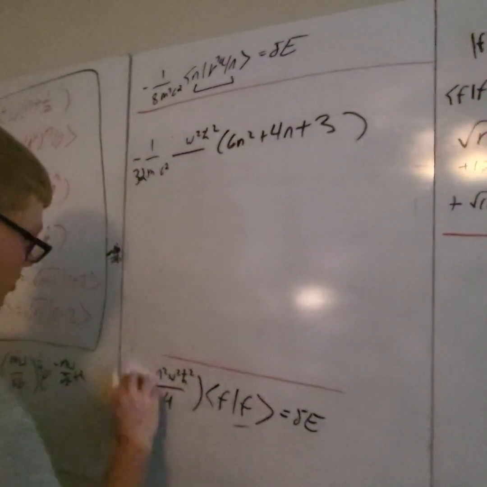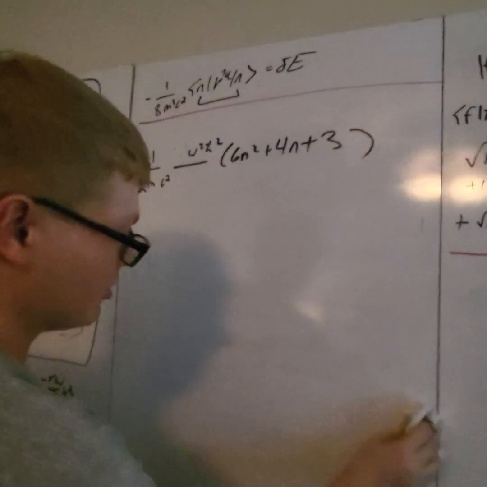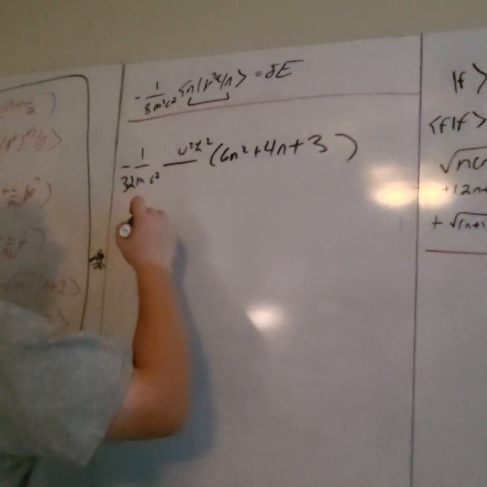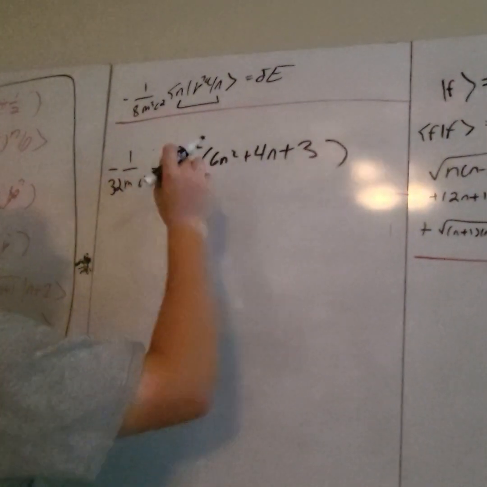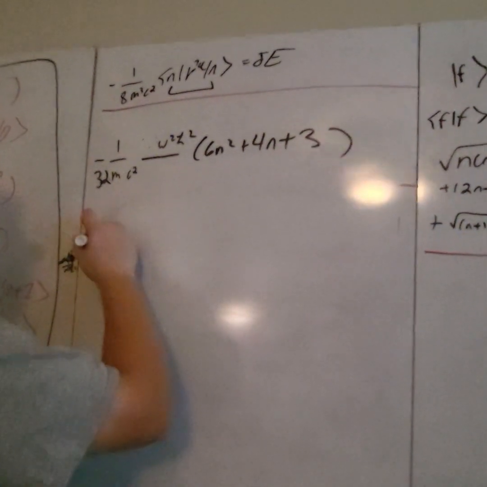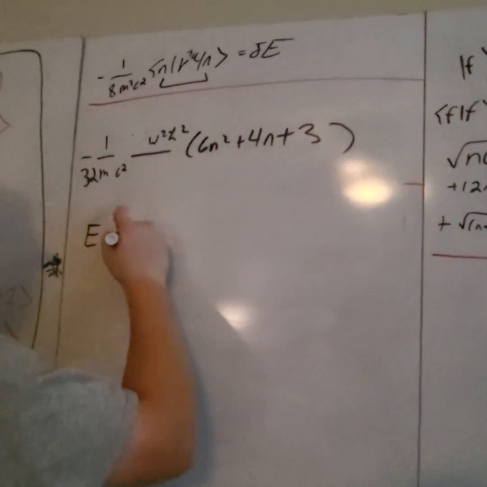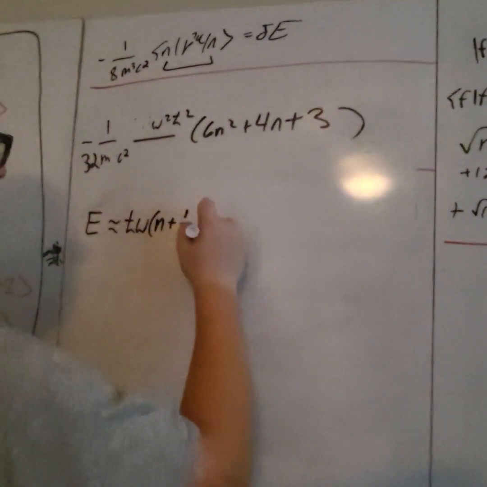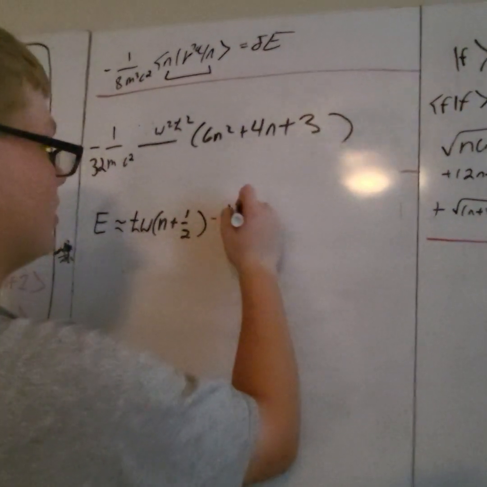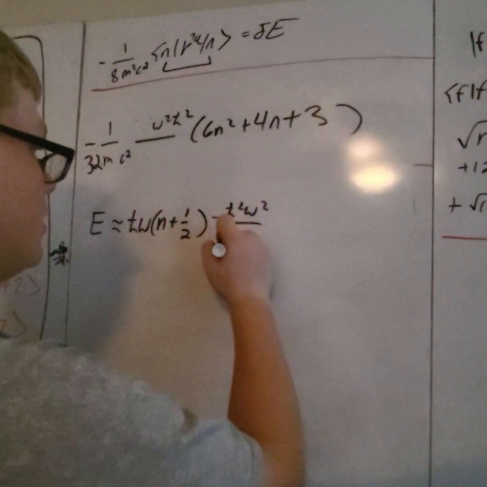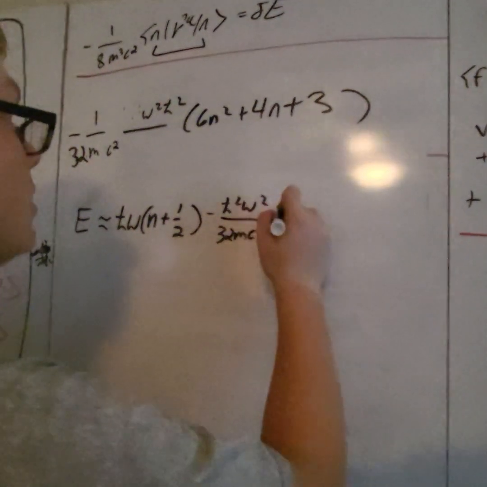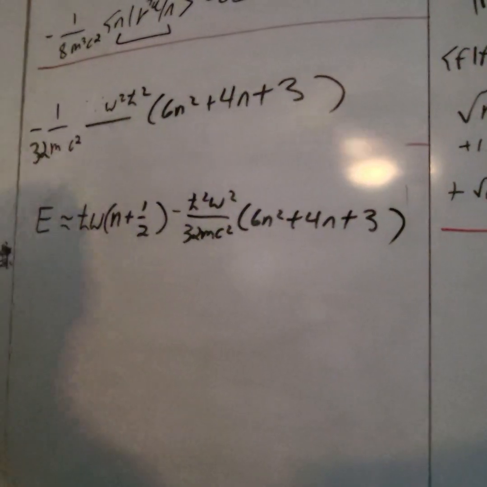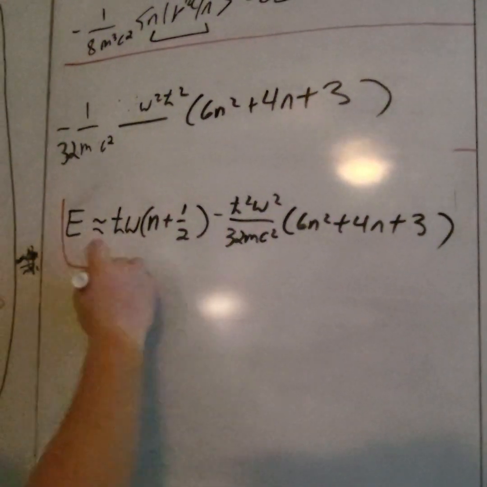So, to first order, the relativistic correction to the energy, we're going to factor in the unperturbed energy, and E is approximately, for the relativistic harmonic oscillator to first order, approximately this right here.